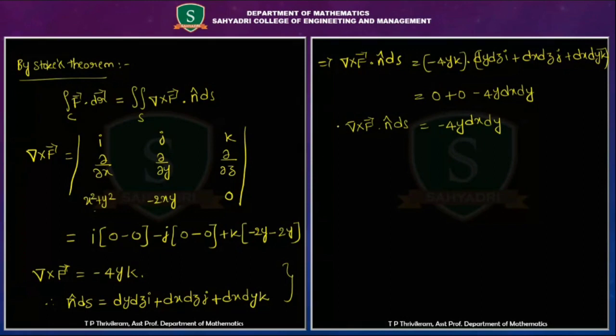Now apply surface integration on both sides. So I'll get surface integral del cross f dot n cap ds is equal to, here you need to write limits. So how to write limits, we'll check once. Dx dy. So if you want to observe the limits, you have to write the diagram.